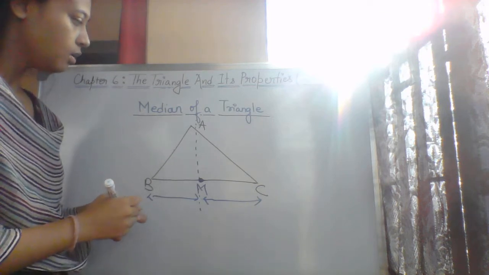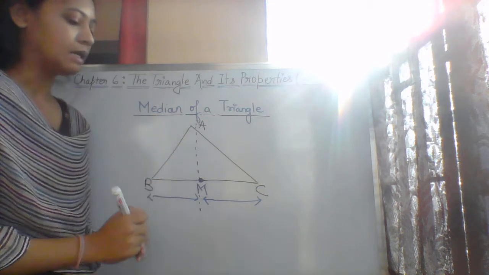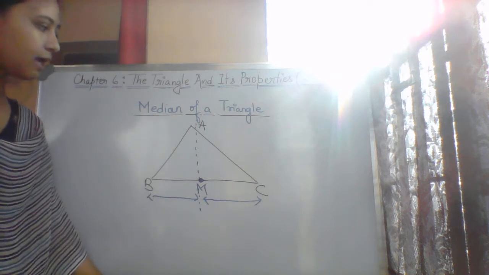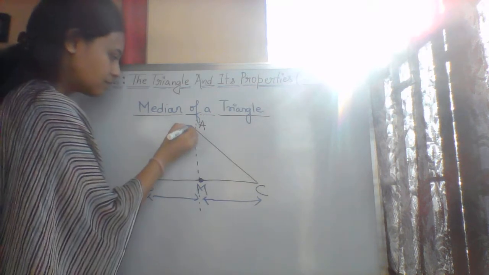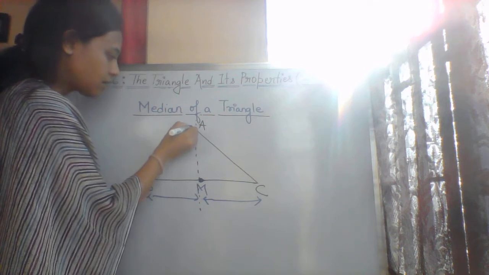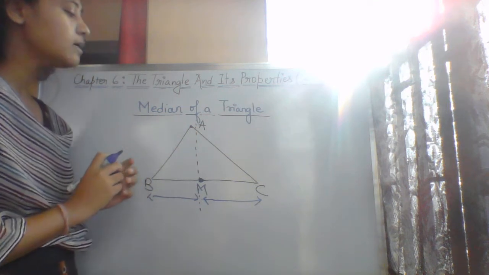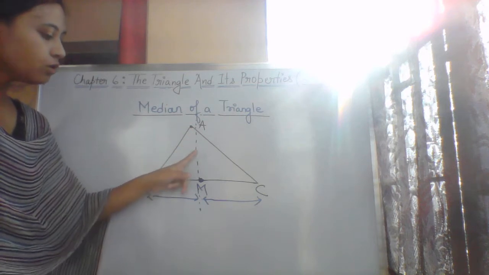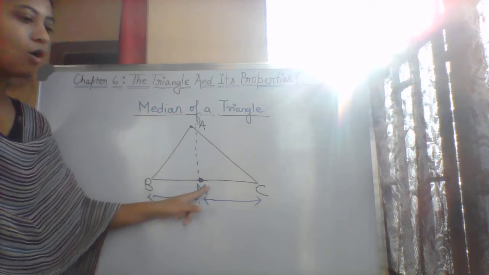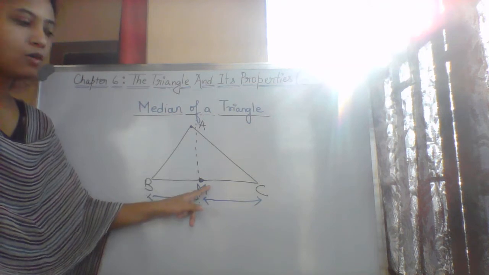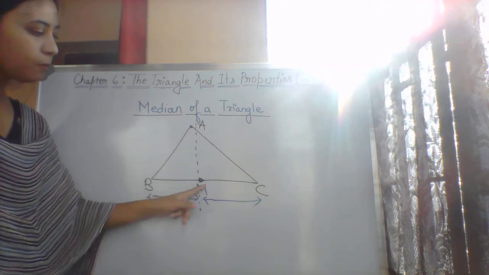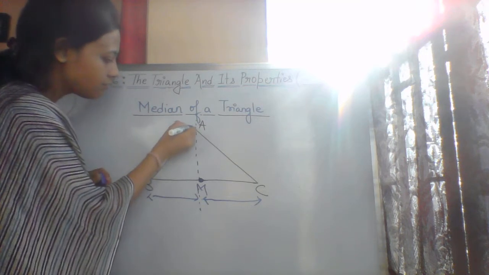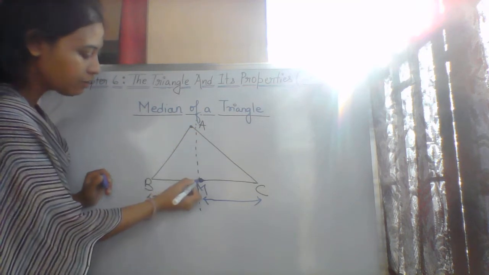Now, what is a median? A median is a line from a vertex to the midpoint of the opposite side. First we are considering this vertex, and this is our midpoint.